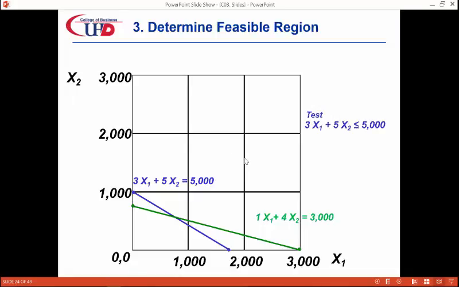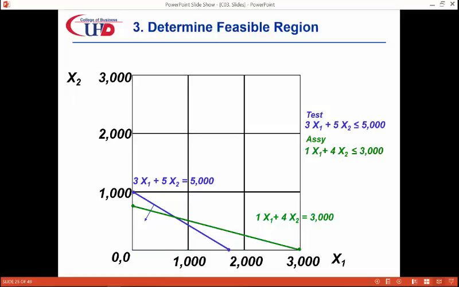And we know the total used testing hours cannot be more than 5,000 hours. To check the origin point, we produce 0 max and 0 multi-max. So the total used testing hours must be 0, less than its availability of 5,000. So the origin point is feasible for the testing constraint.